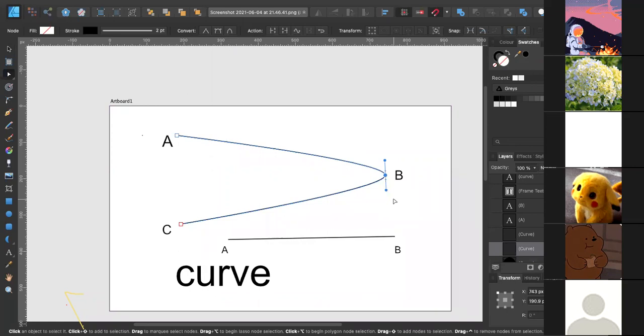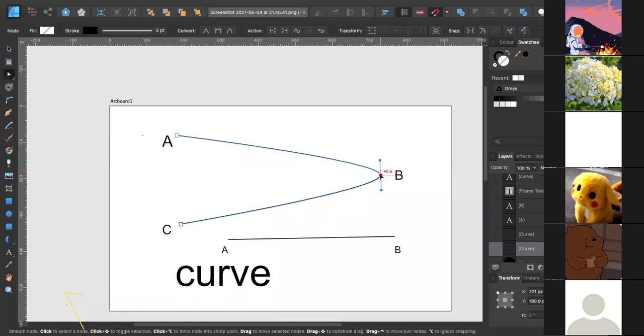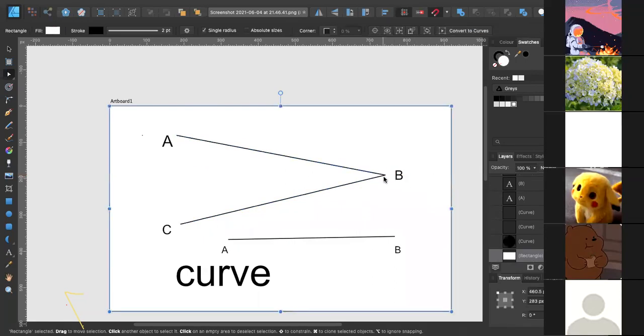Now see how it's changed. Now this bend is a smooth bend. Now I can again go back and change it to a sharp bend. Now I have changed it to a sharp bend. So that is a difference.